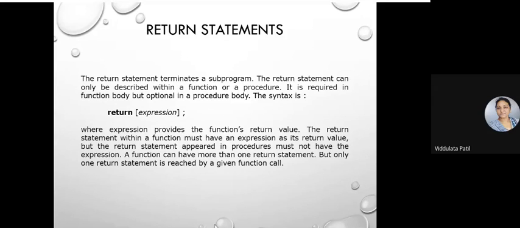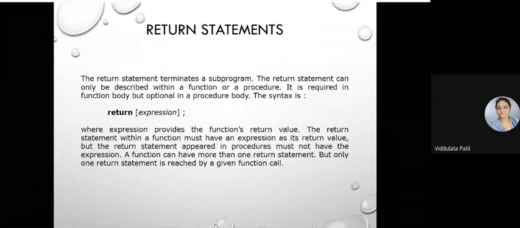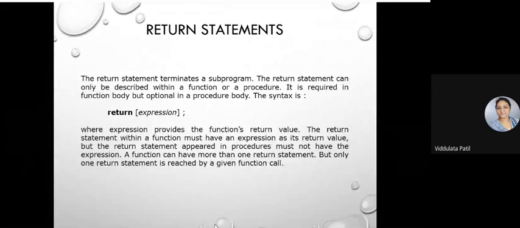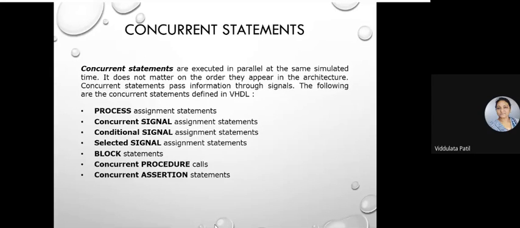The return statement within a function must have the expression as its return value. But a return statement appearing in a procedure must not have the expression. A function can have more than one return statement, but only one return statement is reached by a given function. So this is about the return statement.